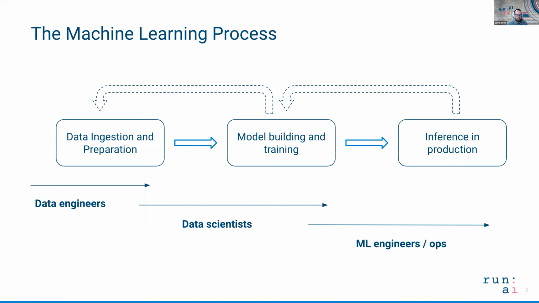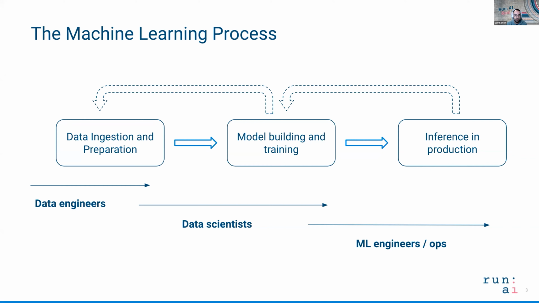As for the introduction, let's talk about the three main stages of the machine learning lifecycle. First, we prepare the data, we clean it, we label it, and we then prepare a data set. Moving into the model training phase, we take the data set, explore models, and run model training at scale with hyperparameter optimization, things like that.